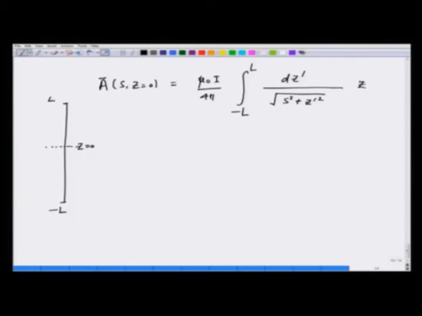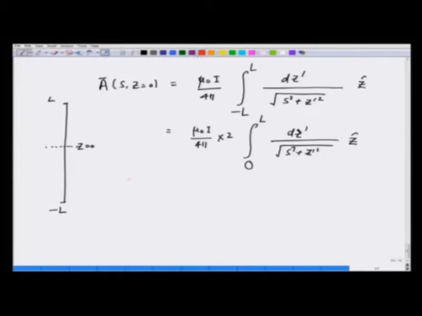This is in the z direction, which I can write as mu naught I over 4 pi times 2, because the integral is even in z prime. I can make it from 0 to L dz prime over square root of s squared plus z prime squared in the z direction.